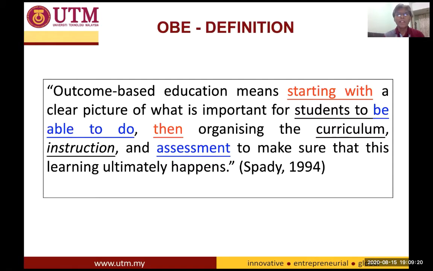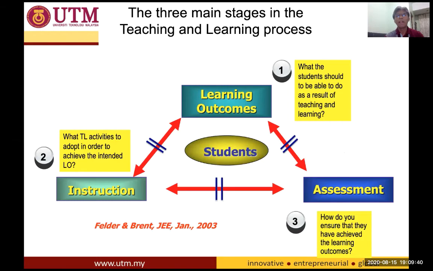So, in other words, OBE means starting with a clear picture of what is important for the students to be able to do, then organizing the curriculum, instruction, and assessment to make sure that this learning ultimately happens. And the three issues have been addressed by Felder and Brent, where students are the center of learning, the focus point.